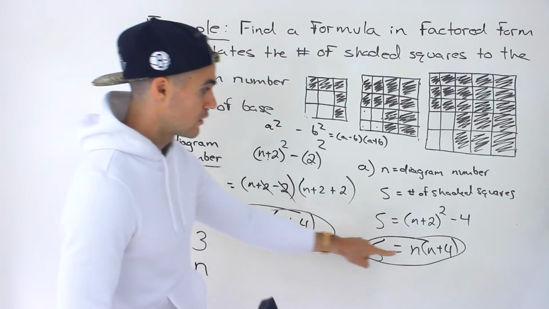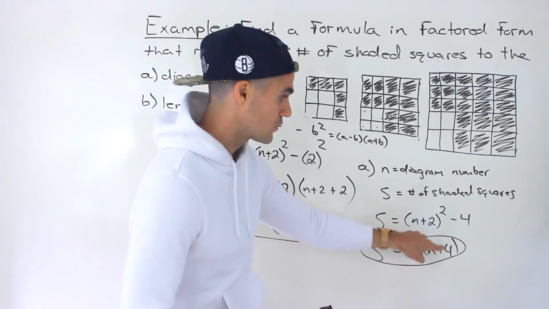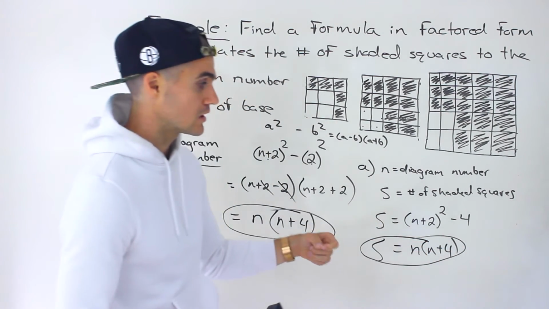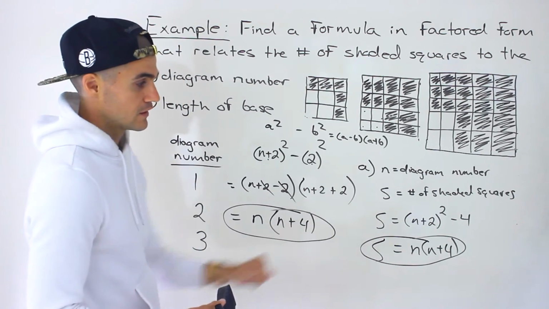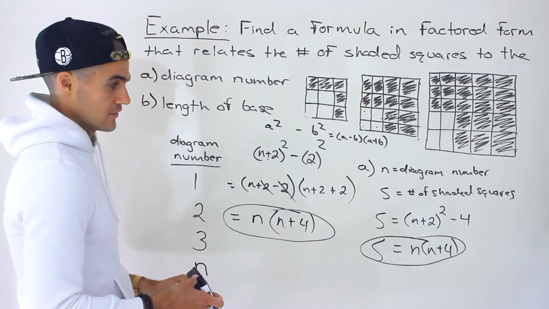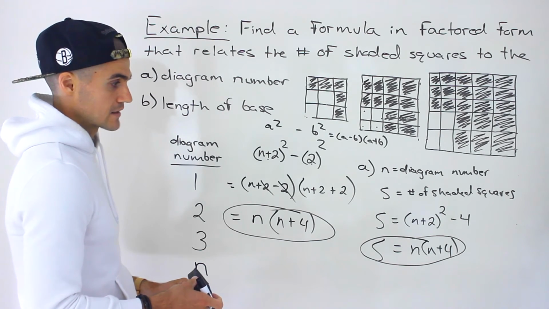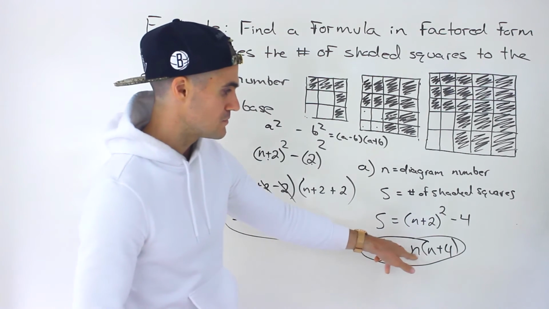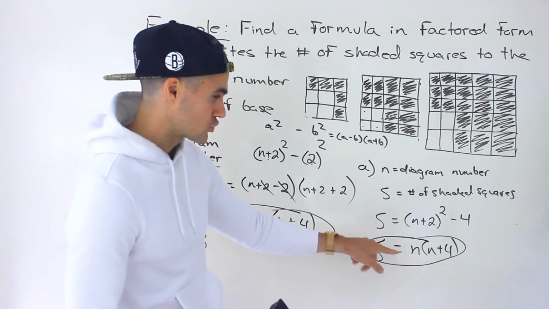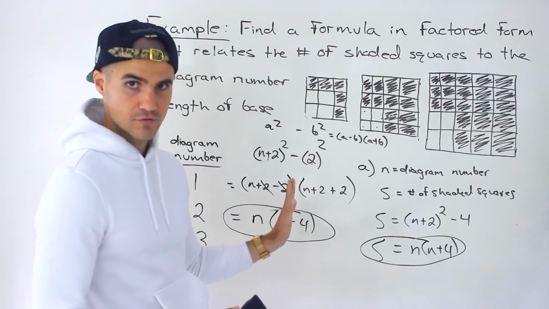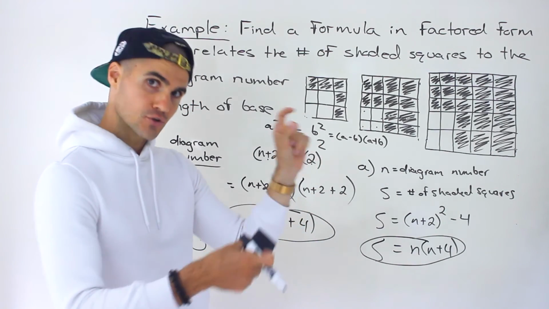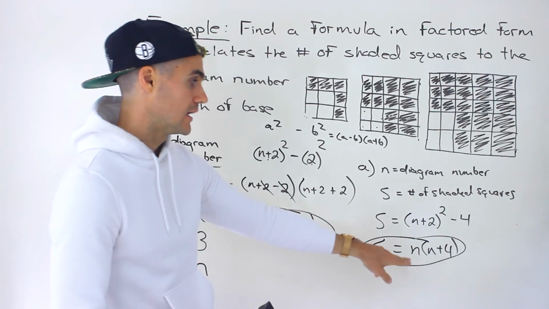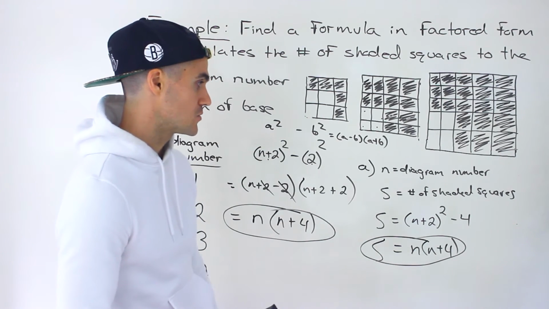What about 3? 3 times 3 plus 4, which is 7. 7 times 3 would give us 21. Right? So we could be pretty confident that that value there is correct. And notice how tough this would be to get if we were trying to just work with that number of shaded squares column. Right? We had to go about it indirectly, doing the total minus the unshaded in order to get a fairly smooth formula like this.